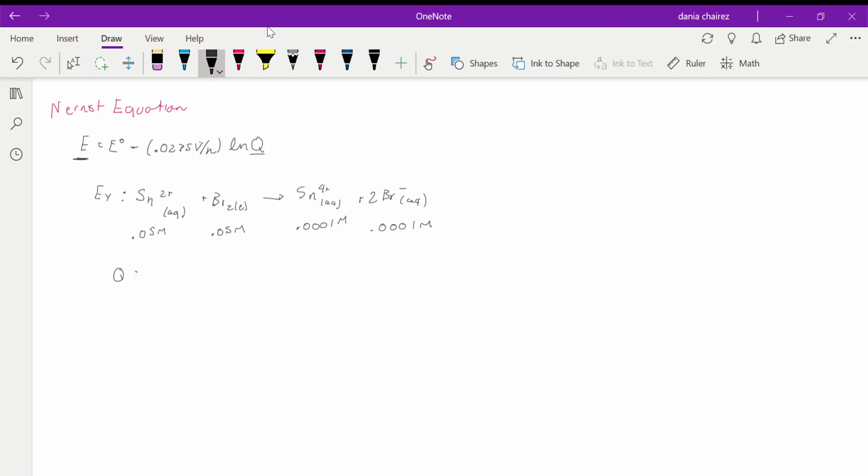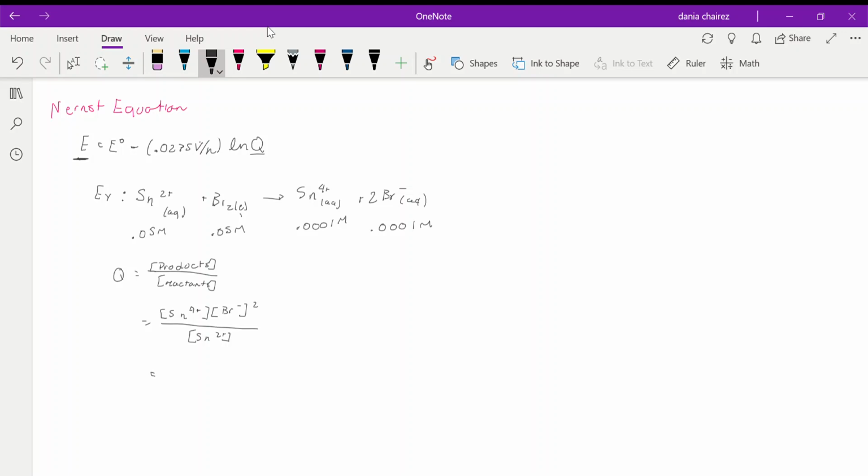So Q is equal to our concentration of products over our concentration of reactants. And that's going to be our concentration of Sn 4 plus times Br minus squared all over just Sn 2 plus, because bromine is a liquid and we don't deal with condensed states when we're doing our reaction quotient.